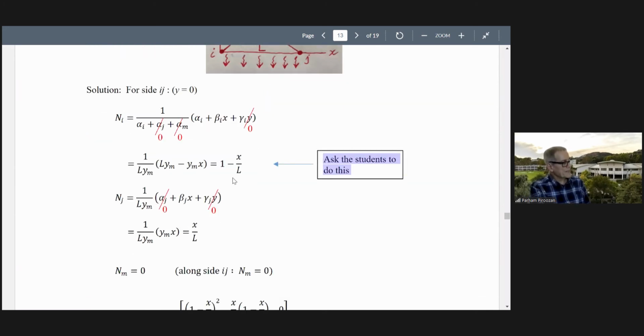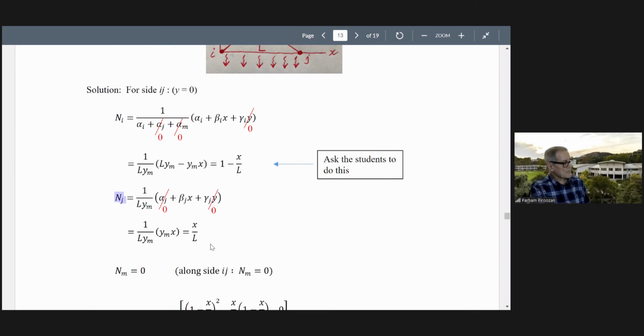This is for Ni. Nj is given by this formula. This is 1 over 2A, the same as this one. For this Nj, this would be 0, y is 0 here.